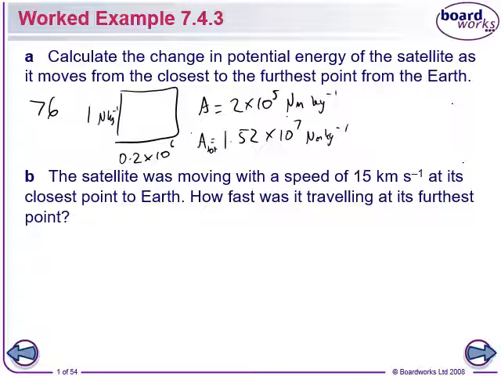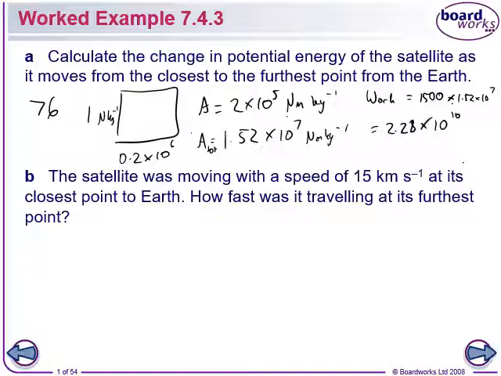To get our total energy change or our total work done, it's going to be 1,500 multiplied by 1.52 times 10 to the 7, which is 2.28 times 10 to the 10.